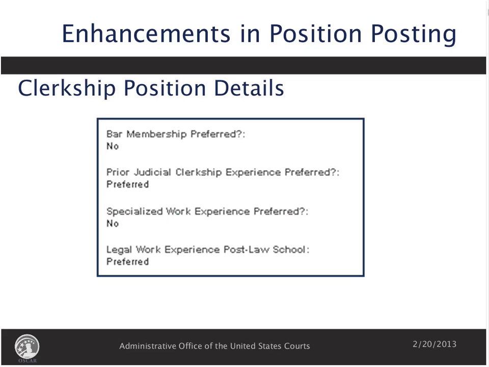Judges and their chamber staff will be able to select their hiring preferences for these new fields when they post a position, and applicants will be able to see these new fields when they view a clerkship's position details.